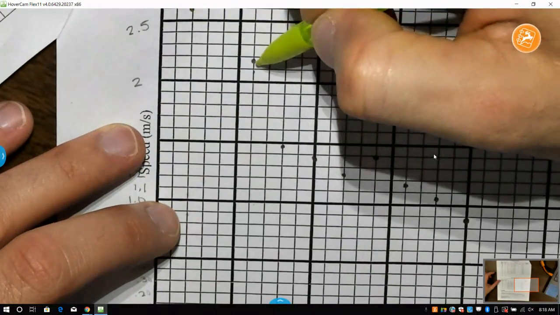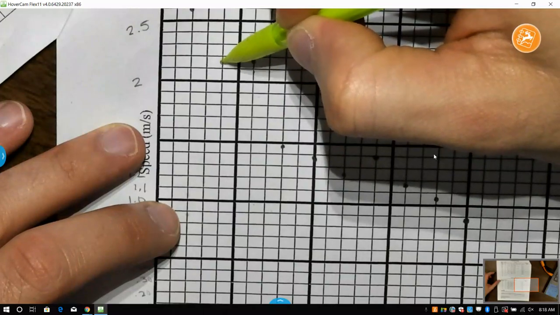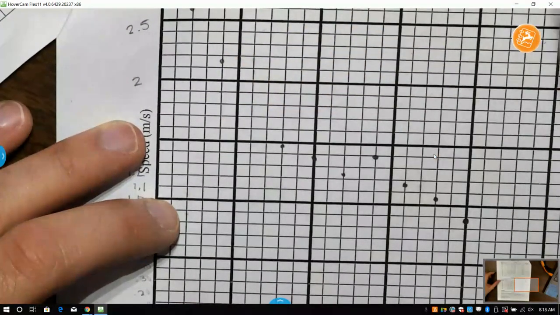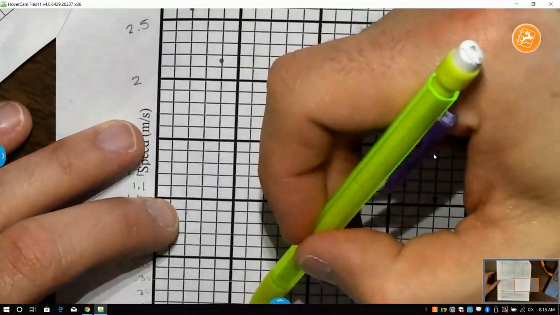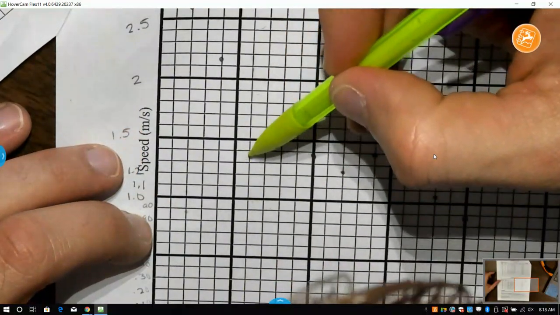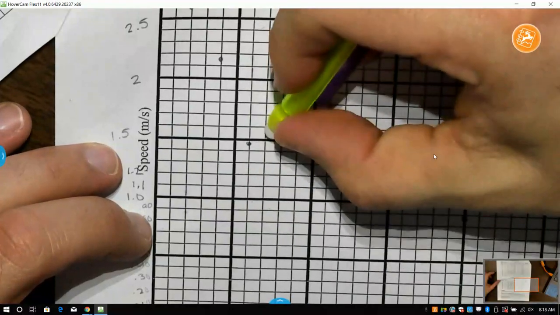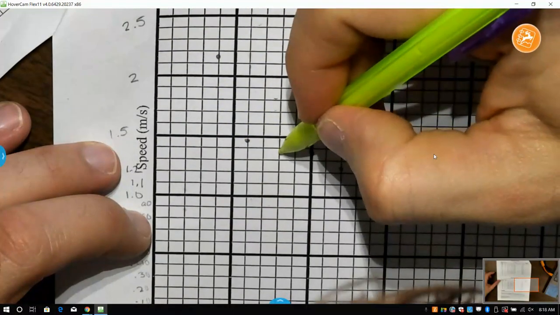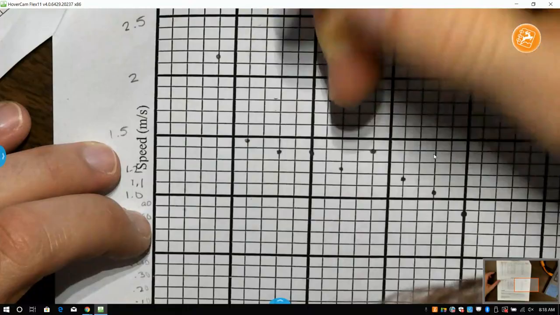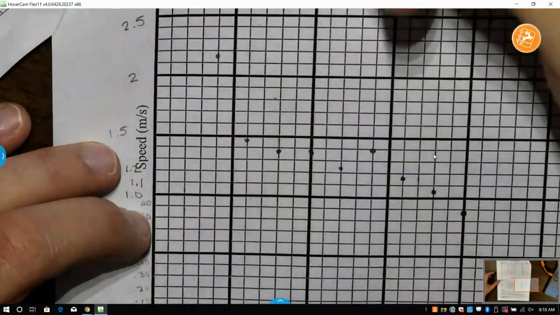This should be here at 2.17. I missed one data point. Let's see where. At 3, I should be at 1.47, so there. 1.38 should be my next one, which was here. 0.23.